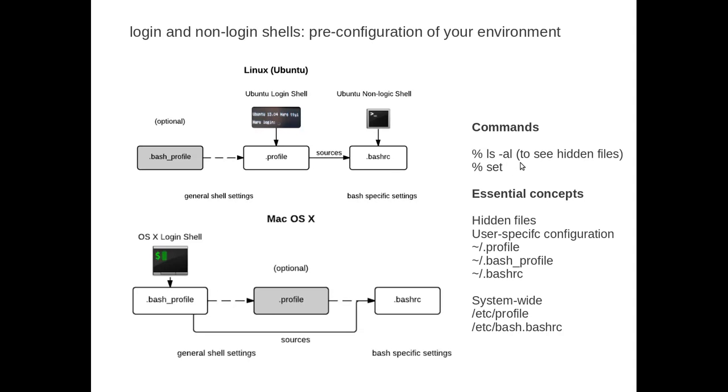So the essential concepts here are that there are these hidden files that have variables, and when those files get executed, your environment gets configured. These ones here are what are called user-specific configuration files. Then you also have system-wide.